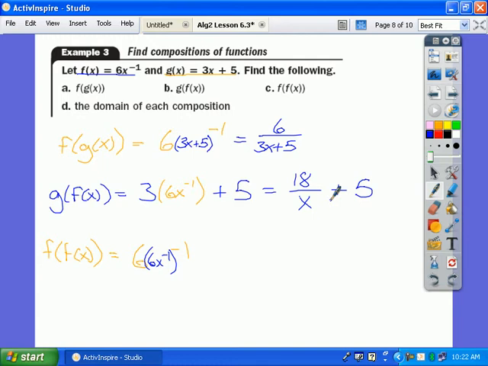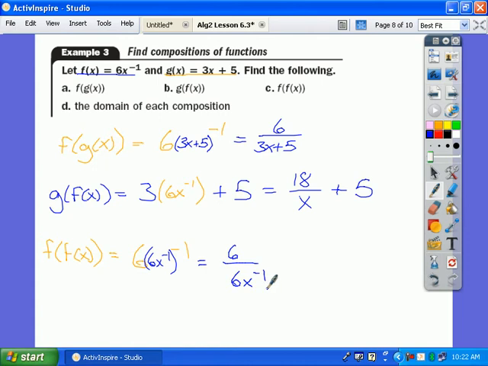Okay. And this last one, let me do the last one. The orange negative 1 applies to the entire parenthesis here, so it's going to shift everything here to the bottom of the fraction. It's going to be 6, that's the orange 6 here, divided by 6x to the negative first. The entire blue set of parentheses went to the denominator, the orange 6 stayed in the numerator, and now 6 divided by 6 is just 1.